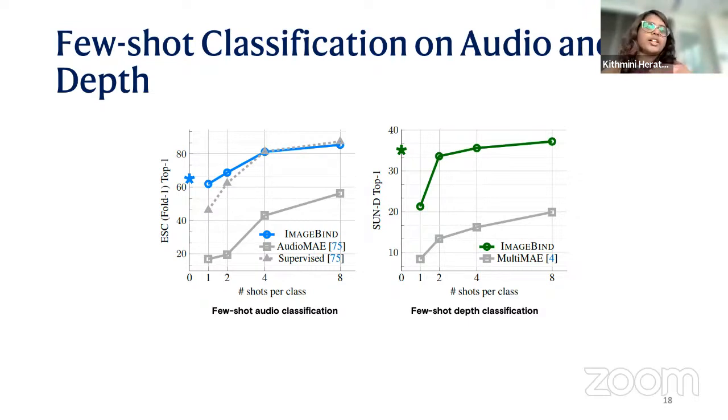Zero shot means there are no examples for those classes during training, but it's able to classify those audio clips during inference.